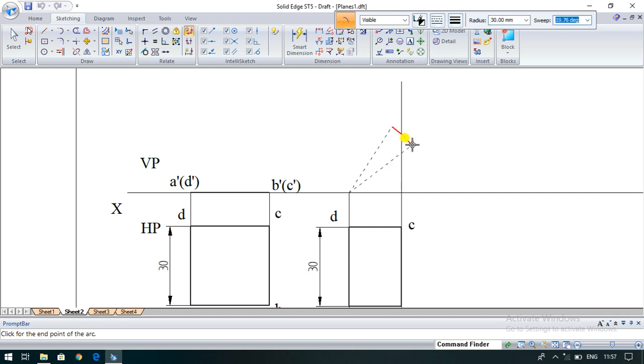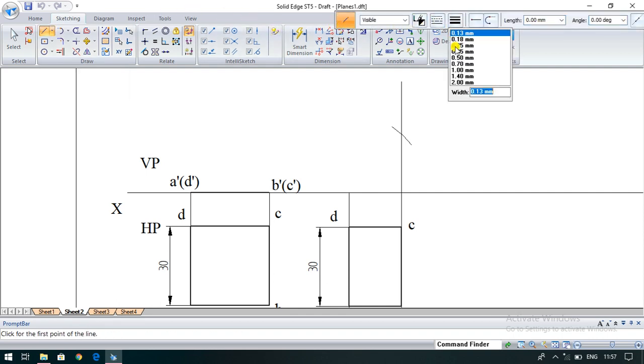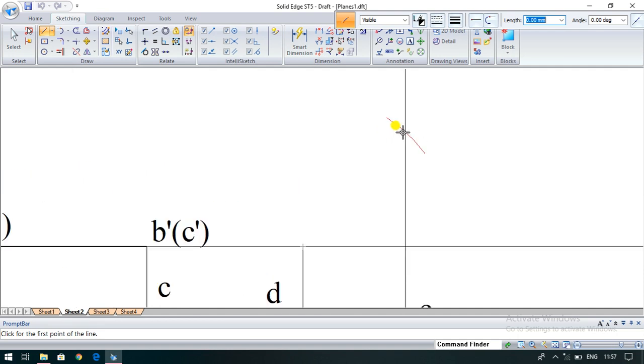Cut the vertical line to get the point C dash. Now join the line with a thickness of 0.5 mm from the C dash point, C dash to A dash.